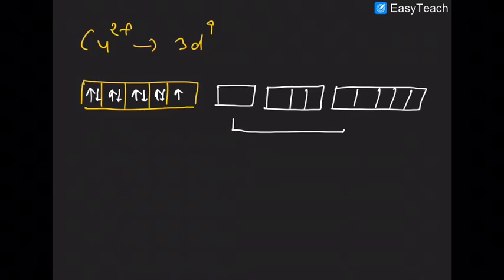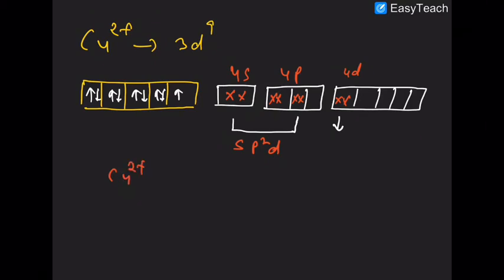These two orbitals and that d orbital, I am repeating once more, will be used up by the ligand, and you have sp2d. So one is 4s, that is 4p, and that is 4d. Why? Because copper plus 2 can't become copper plus 3.